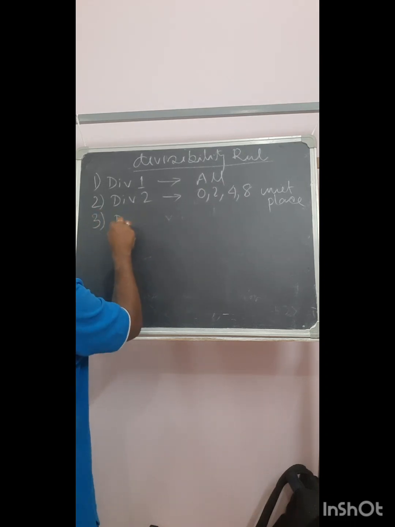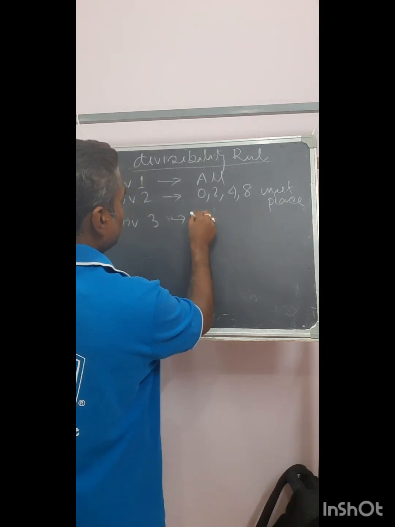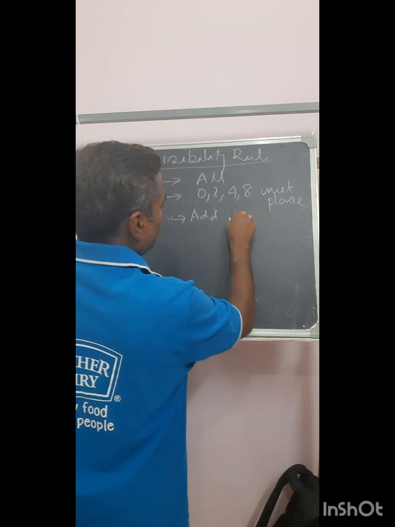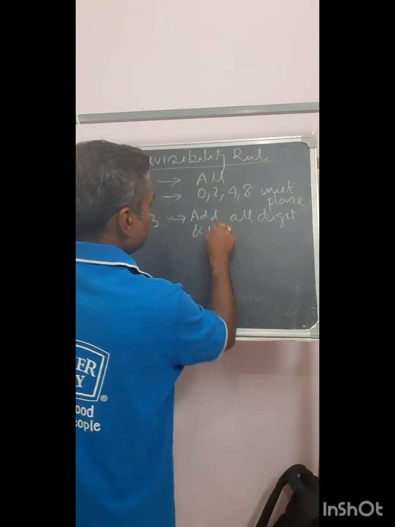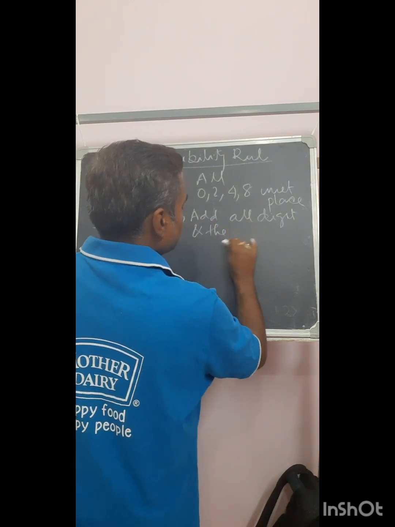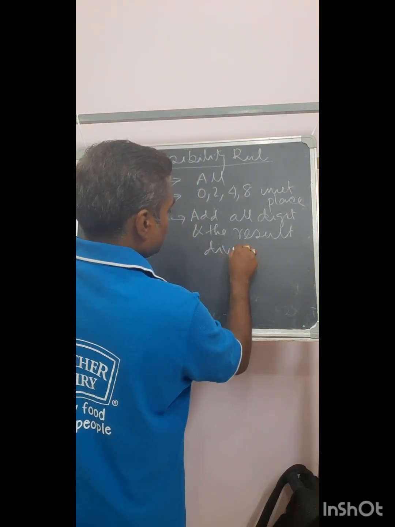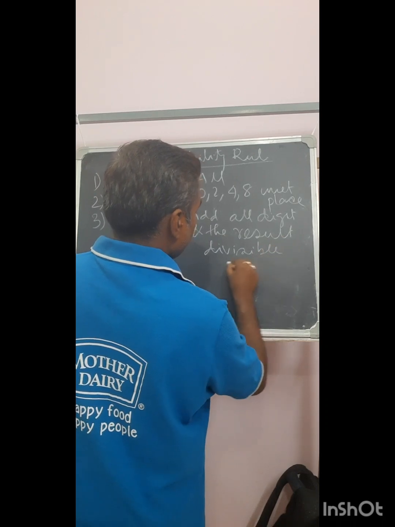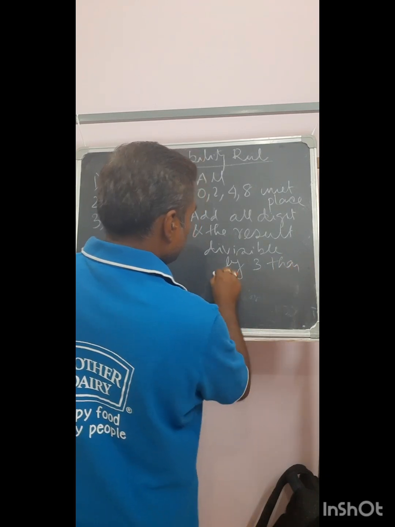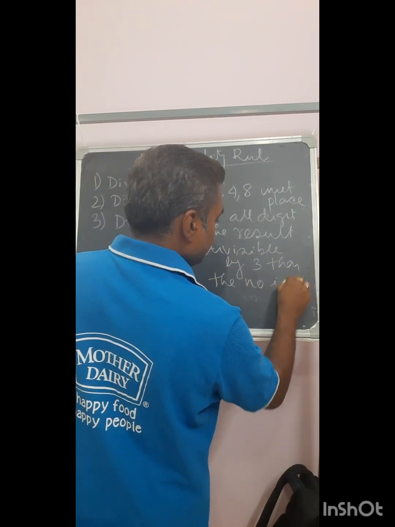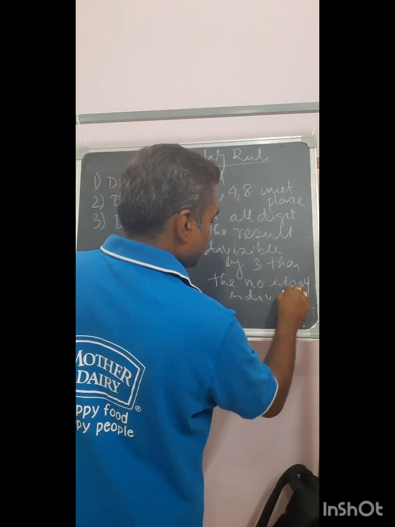Third, divisible by 3. If I add all the digits of the number and the result is divisible by 3, then the number itself is divisible by 3.